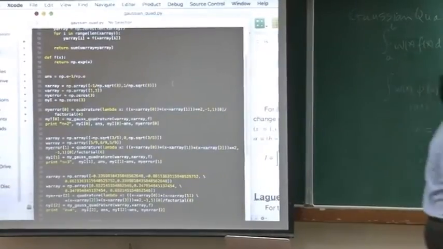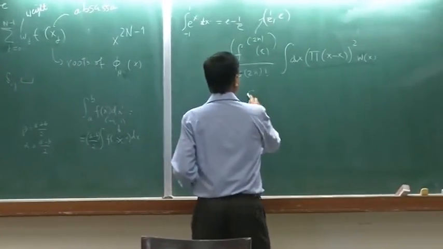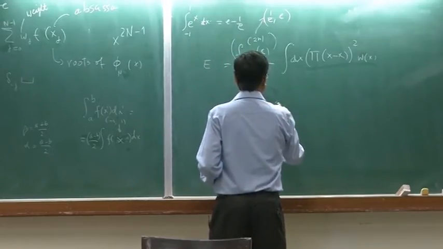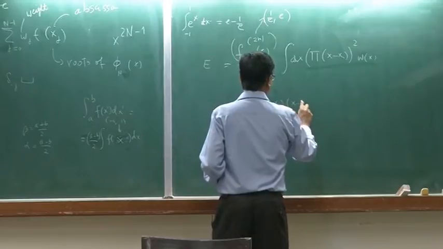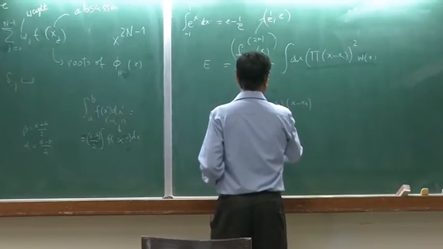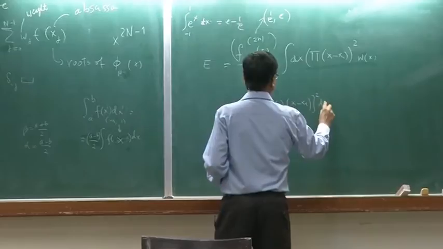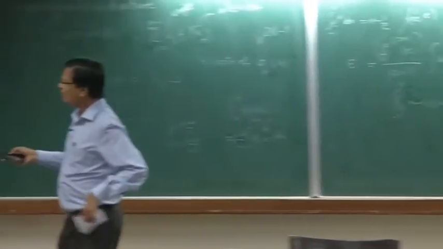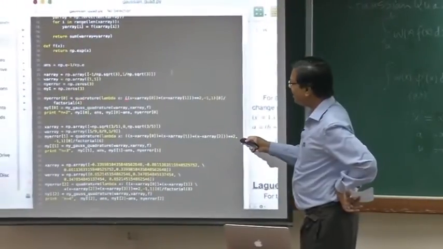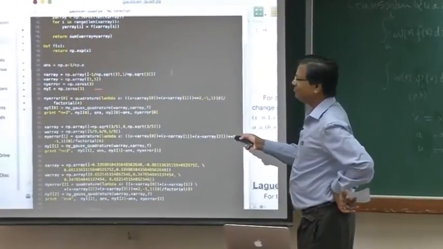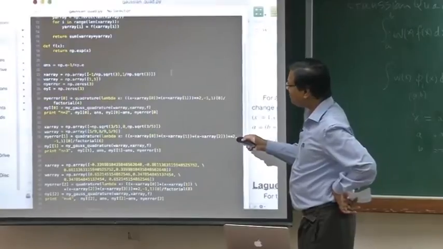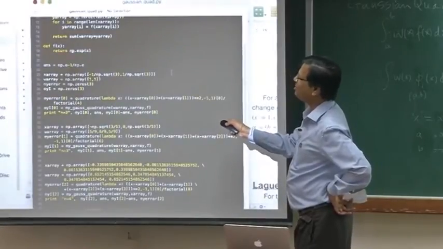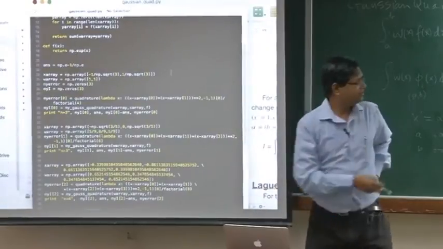Quadrature is integrating pi, x minus x0, x minus x1 whole square. So this line, which is a very compact line, this part of the line is doing this integral, because I didn't need to define the function f, otherwise I have to define another something like here, def f prime will be this function.